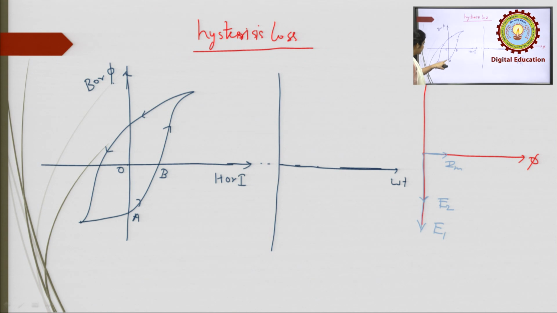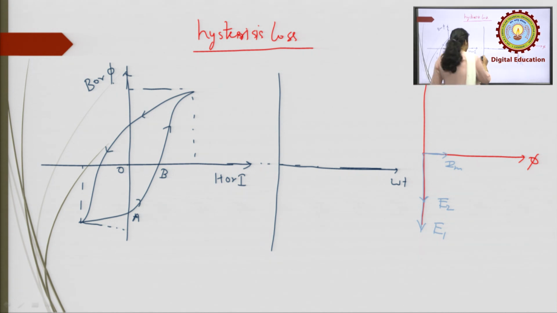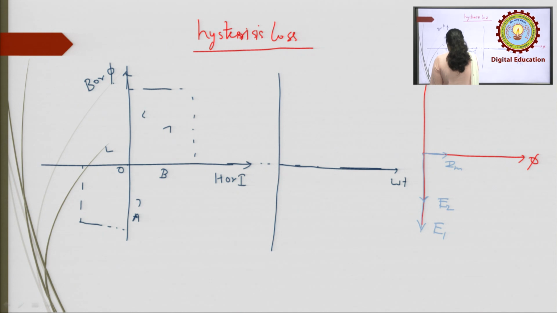At this maximum negative H, at point A, you see that H, the magnetizing current, is 0, but there is a flux which has a negative value.